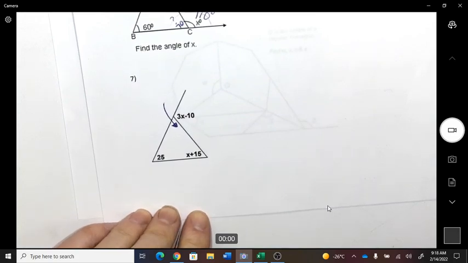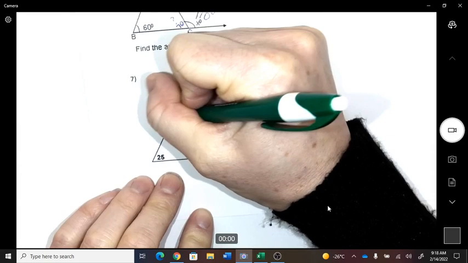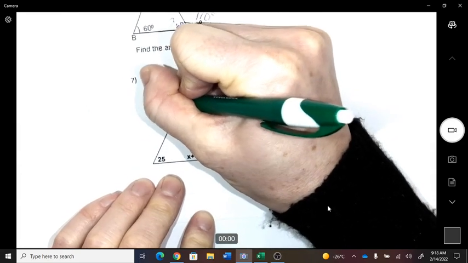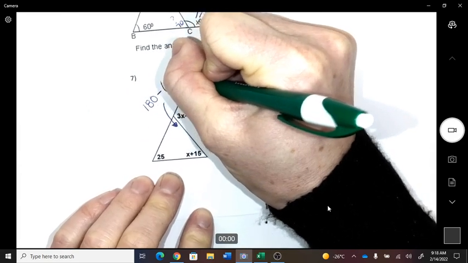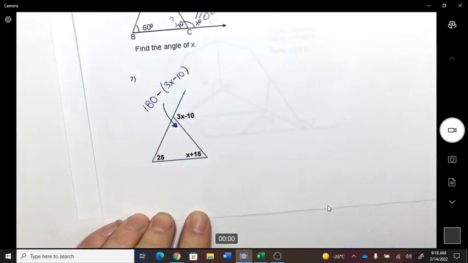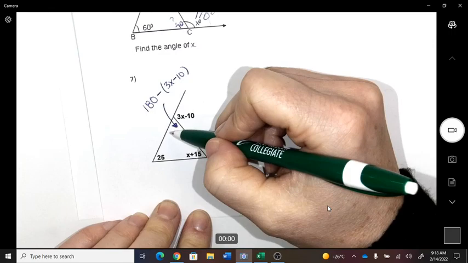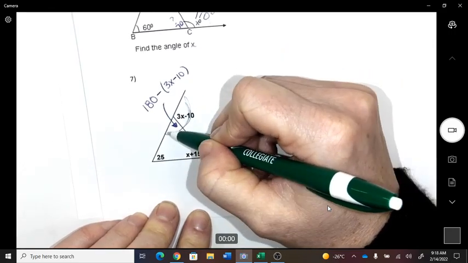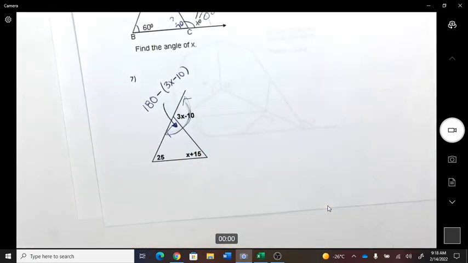This is what I'm going to write, and you can tell me if it makes sense. This angle is 180 minus that angle. Those two make 180. That angle is 180, subtract the other angle.